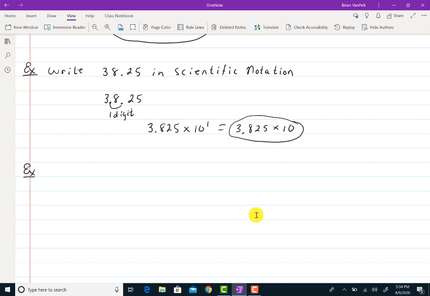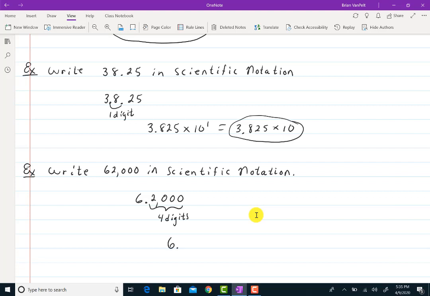Next, let's do 62,000 in scientific notation. Once again, 62,000. I want my decimal to appear there. The decimal was behind that 0, so I have a total of 4 digits.